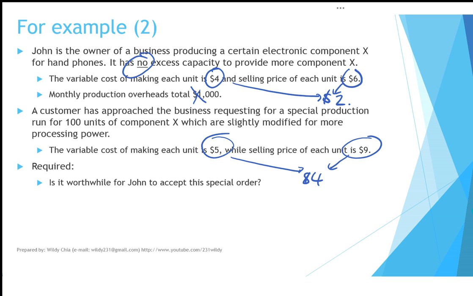Since there is no excess capacity, how can the business go on and accept this special order? How can they do so?